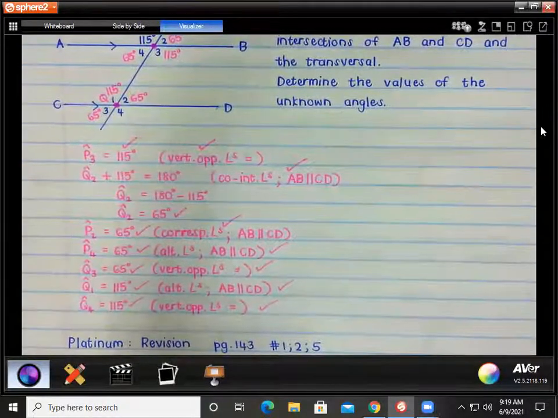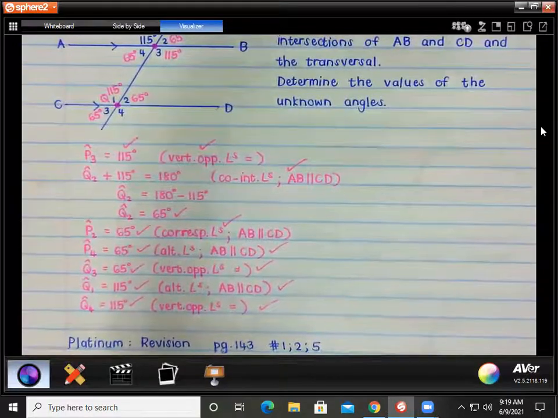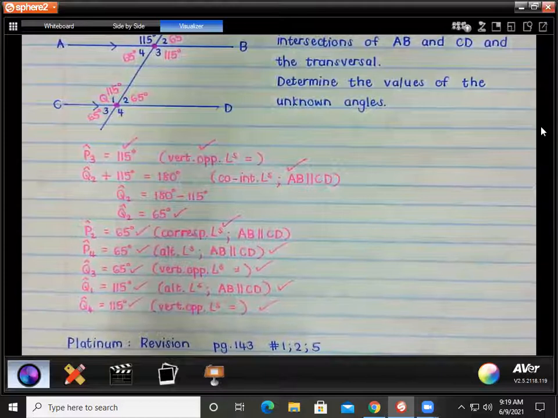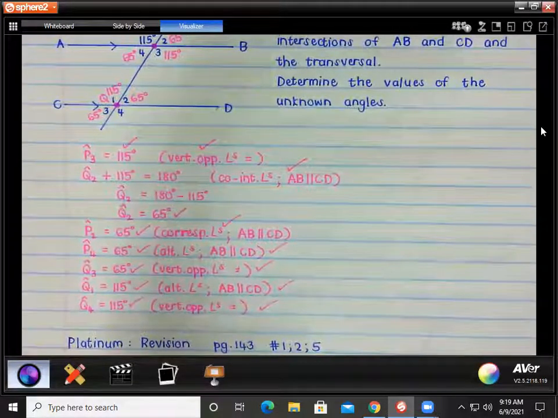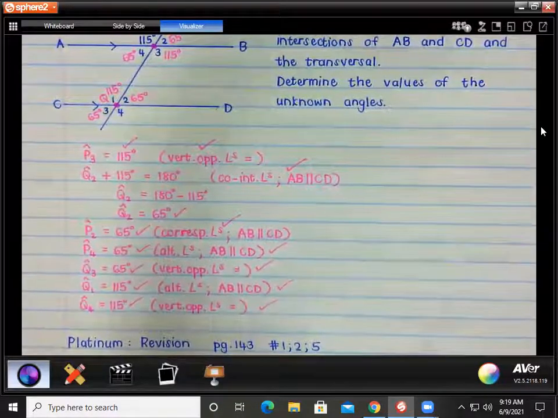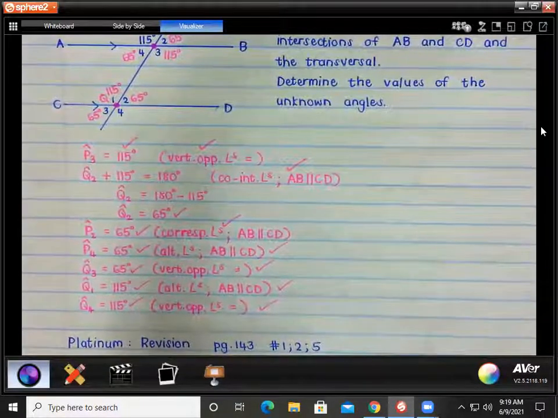And just check 15, 16, 17. Yeah, it's fine. You just have to do those 3.